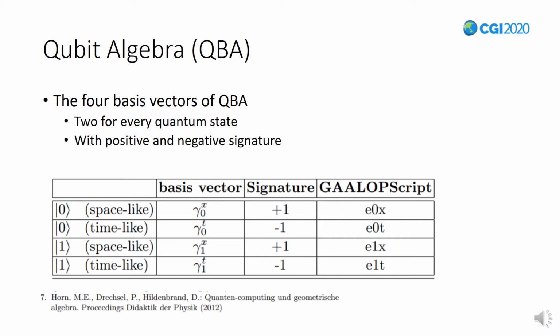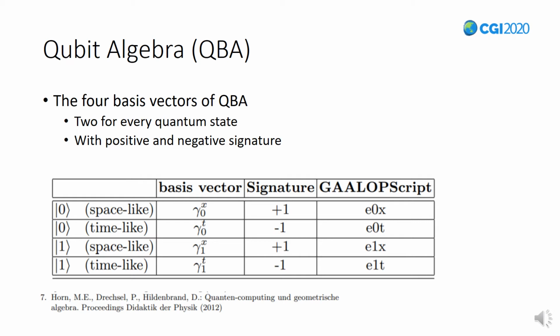This algebra is inspired by space-time algebra with these different signatures of 1 and -1. The state 0 consists of 2 basis vectors.